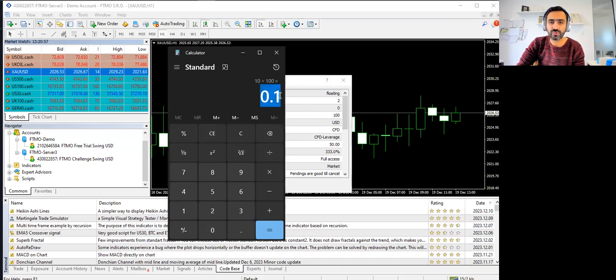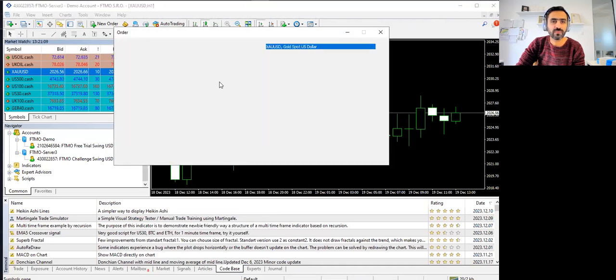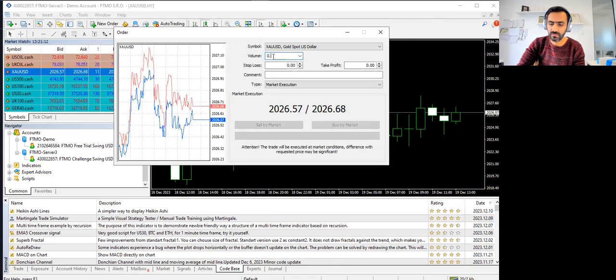This is now the lot. I convert from unit to lot. I will put 1 mini lot or 10 micro lot. So I go to MetaTrader, and this is my correct trade size.